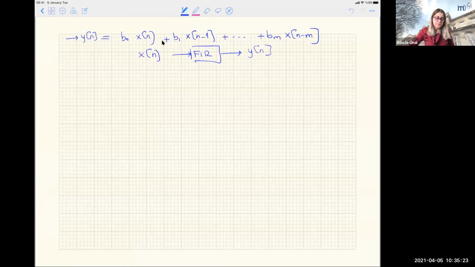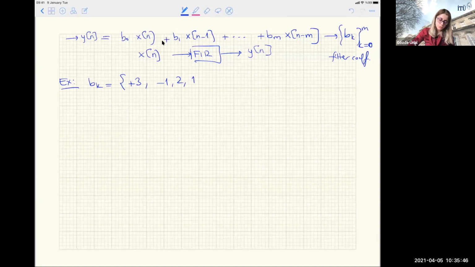So for example, bk, for instance, I can give those bk's. You see, I have a set of bk filter coefficients, 0 to m, okay, filter coefficients. So for instance, I can give them as 2, 1.